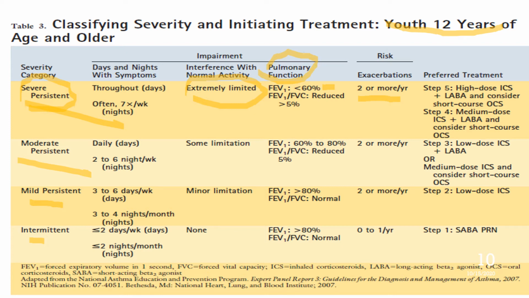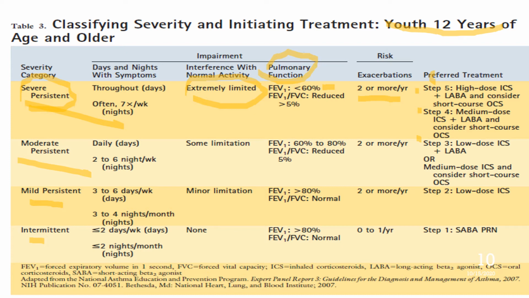Also, you might want to consider a short course of oral corticosteroids. You also have your medium dose there, like step 4. I wanted to bring your attention to step 5, step 4, and step 3. You notice how we have different steps when we go from moderate persistent to severe persistent.